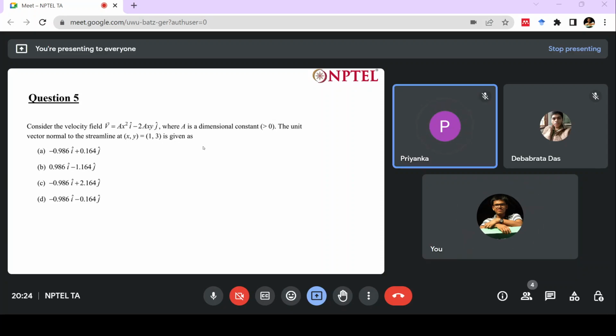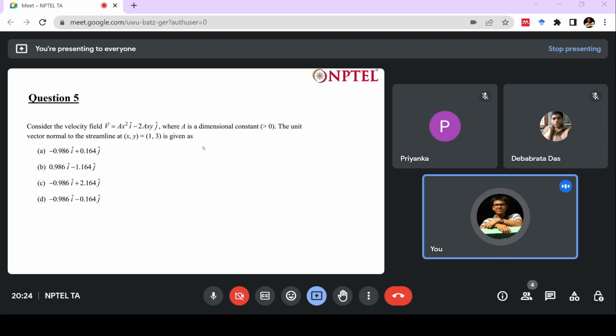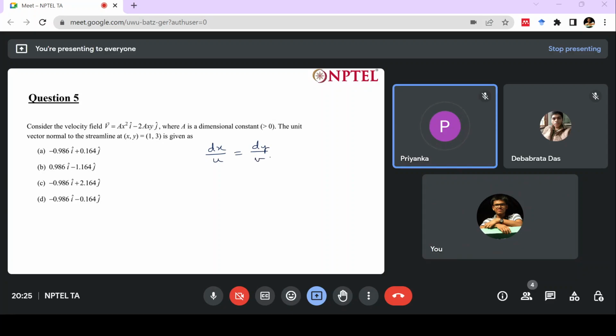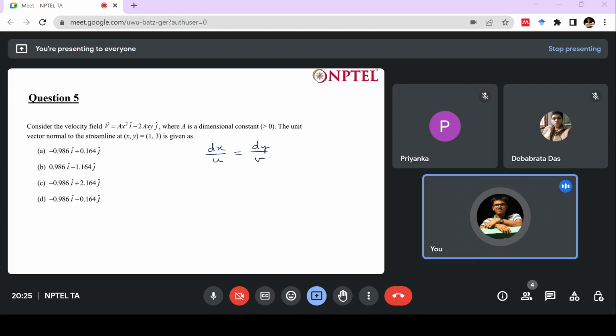Okay, sir. So here what you basically have to do is find the streamline. What does the equation of a streamline look like? This, right? Yes, sir. So you can either solve this equation, find the equation of the streamline, and then answer this question.